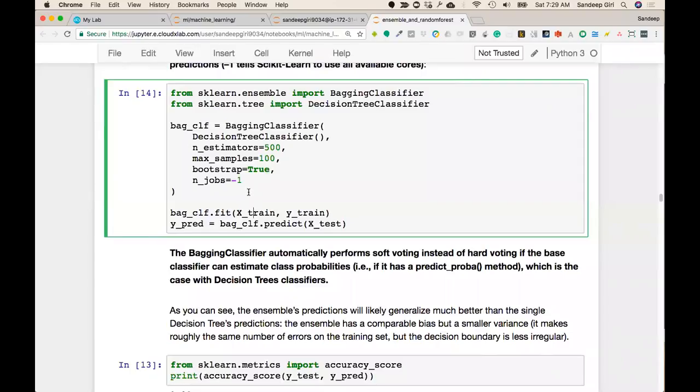You create many samples using pasting so that even though different algorithms are being trained on different instances, we end up looking at the entire data. So basically, when you have a bigger data set, you use pasting. When you have a smaller data set, you use bagging.